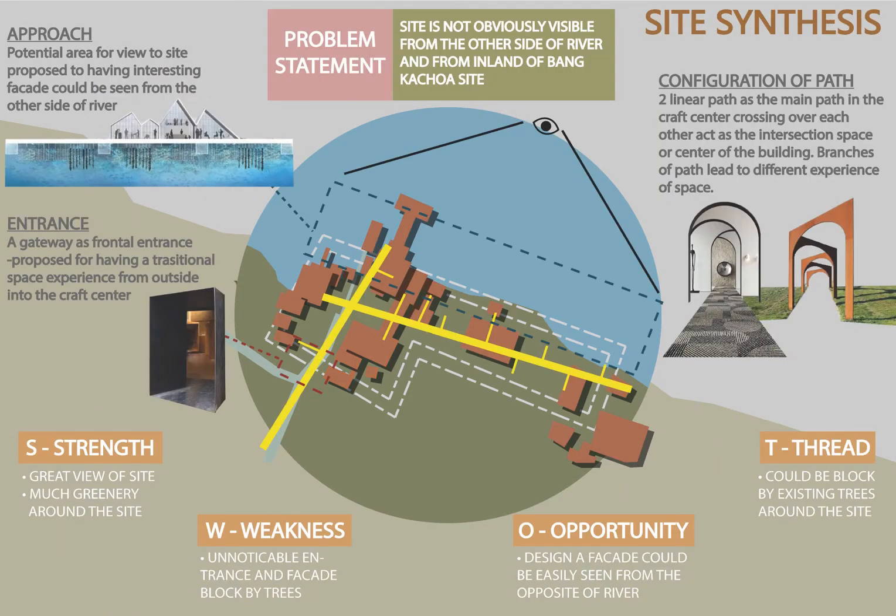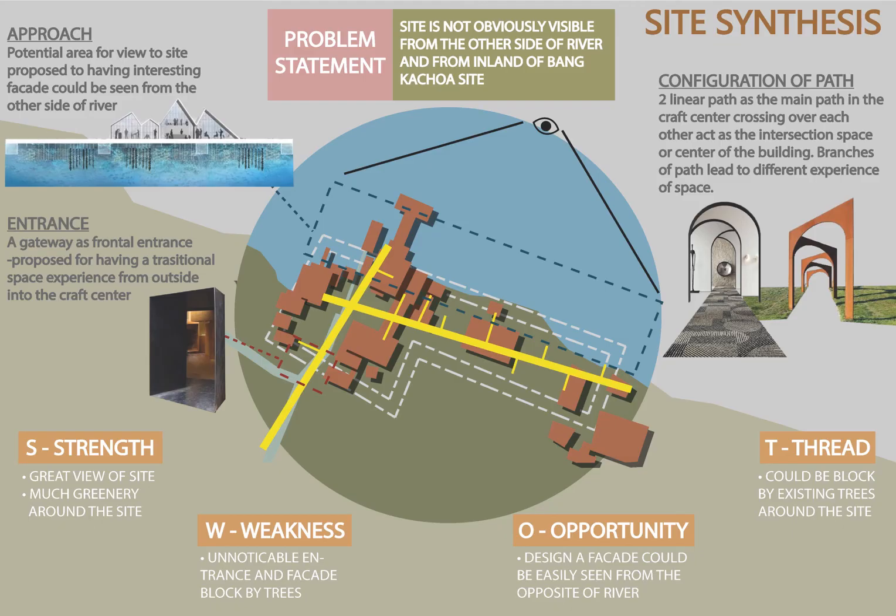I've done a simple SWOT analysis of the site. The site has a great view and much greenery around it, but the entrance and the facade are not easily noticed, as they are blocked by trees and far away from the other side of the river.